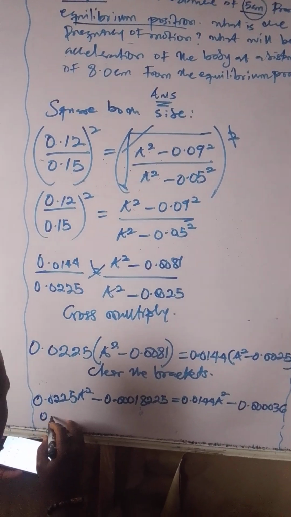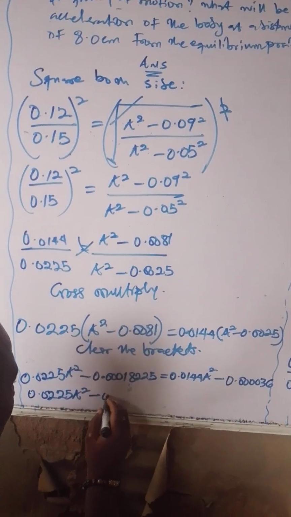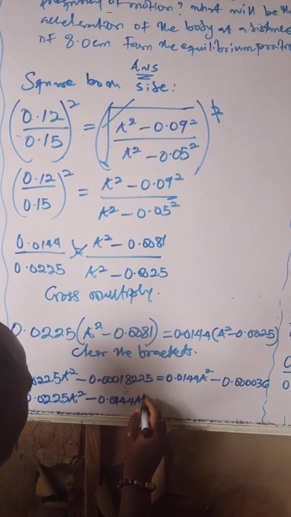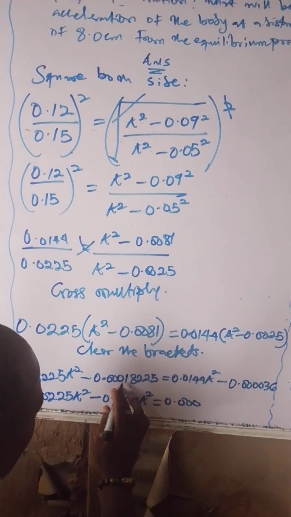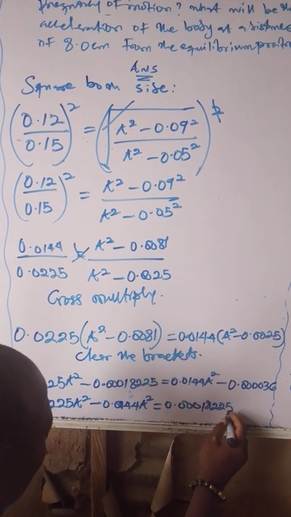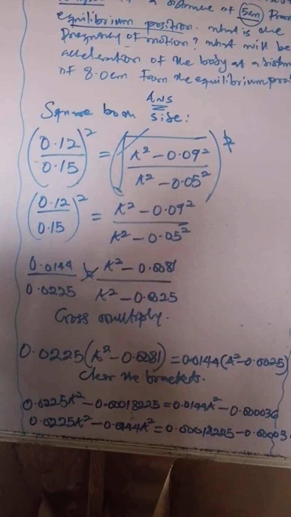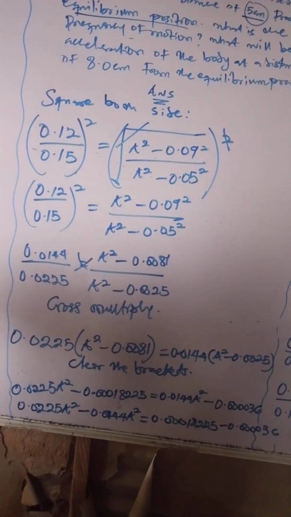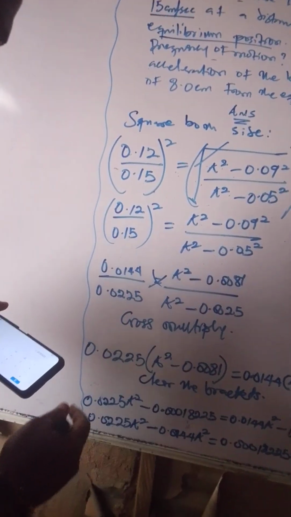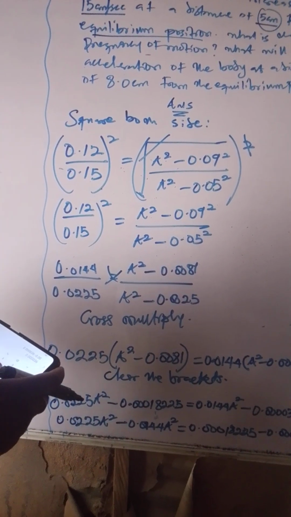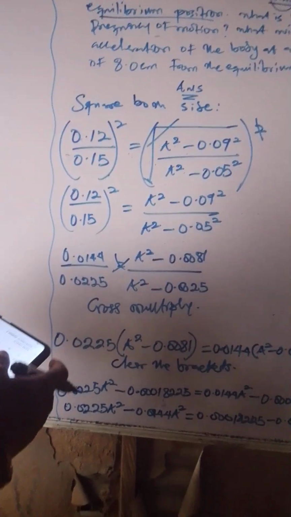So we have 0.0225 A squared, and if this comes here it becomes negative, 0.0144 A squared, equals 0.00018225 minus 0.000036. You know this one has changed sign.